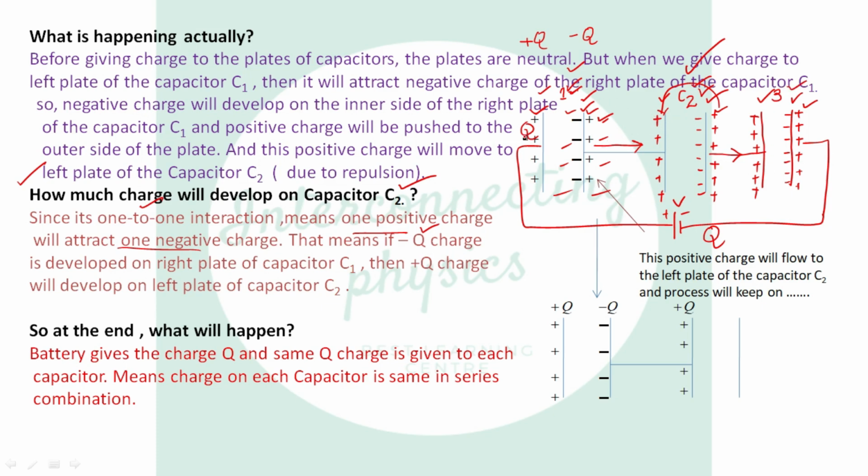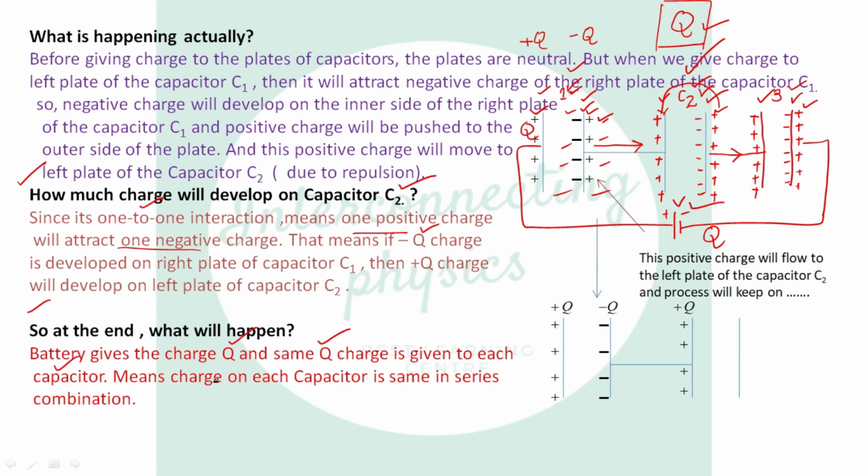It means the total charge on each plate will be the same, that is Q. Each capacitor in series combination has the same charge, that is Q. This is the main key point of series combination, that the charge on each capacitor remains the same, and this charge is the same as the charge on the battery. So at the end, the battery gives charge Q and the same Q charge is given to each capacitor.